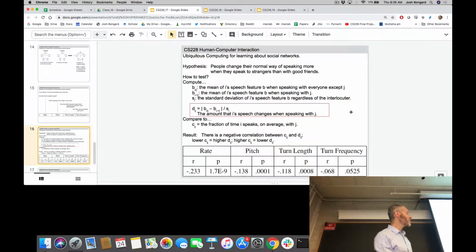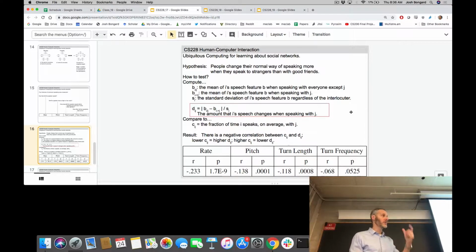And increasingly positive values of D indicate that i is increasingly changing the rate or pitch or turn length that they engage in with j compared to the mean value of how they do so with everyone other than j, right? That's D. Then we can compare D against other things like how close are i and j?